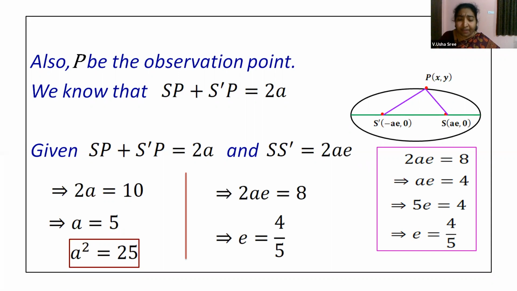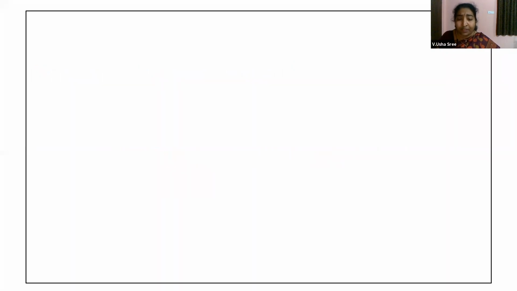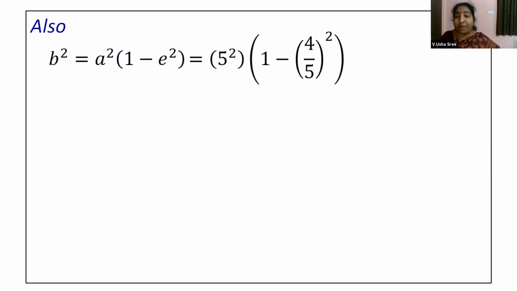Once we get E value, we will quickly move to the next thing, that is calculation of B square. To write any ellipse equation, what do we need? A square and B square, right? So we know what is A, we know what is E. Now we need to calculate what is B. Therefore, we'll just go with B square is equal to A square into 1 minus E square, which is nothing but 5 square into 1 minus 4 by 5 whole square.